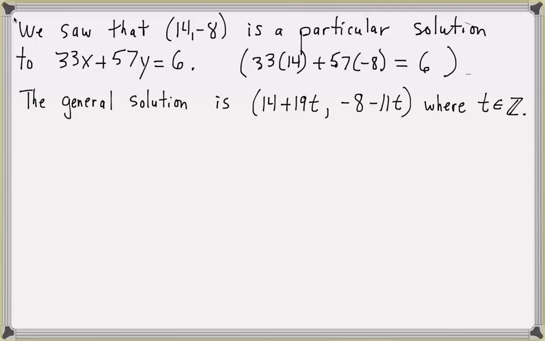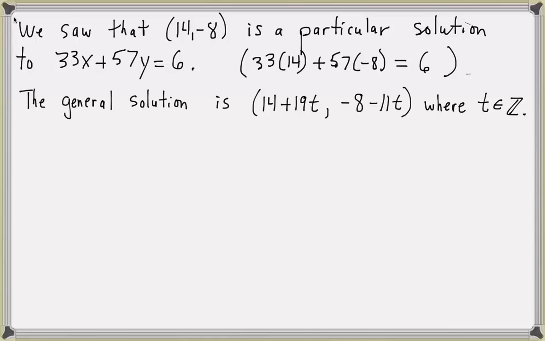This general solution describes all the possible integer solutions to this linear equation. The particular solution that we found would occur by plugging in 0 for t. But if you plug in any other value for t, you get another solution to this equation.